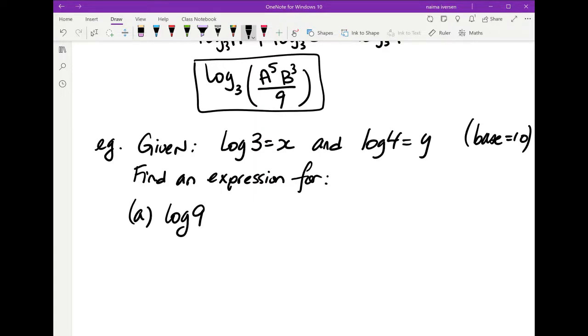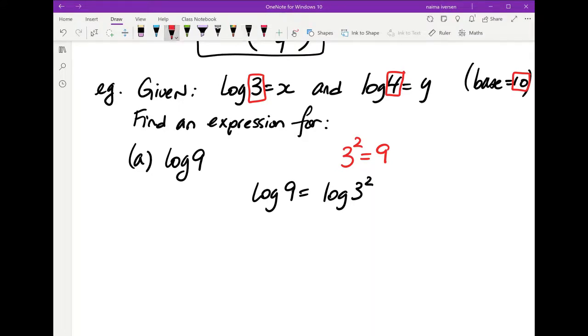So when you think about log of 9, you want to look at the given numbers that you have. You have a 3, you have a 4, and your base is 10. Is there something in there that you can actually write with 9? Well, we know that 3 squared is equal to 9. So log of 9 is log of 3 squared.